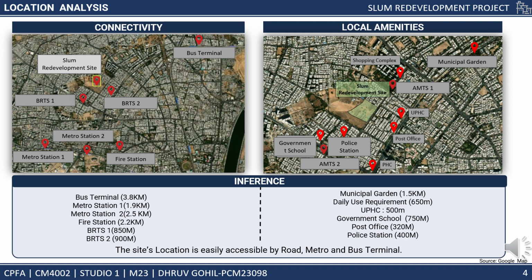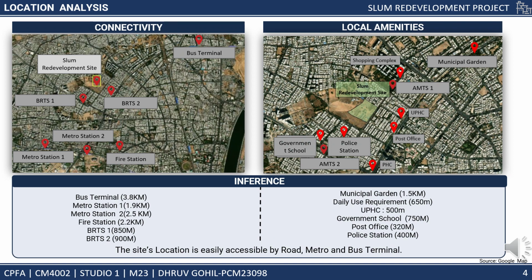In this slide, we do the micro analysis. The strategic location of the site ensures seamless connectivity through various modes of transportation, making it an ideal hub for diverse activities. Situated just 3.8 kilometers away, the bus terminal provides convenient accessibility for individuals relying on bus service.